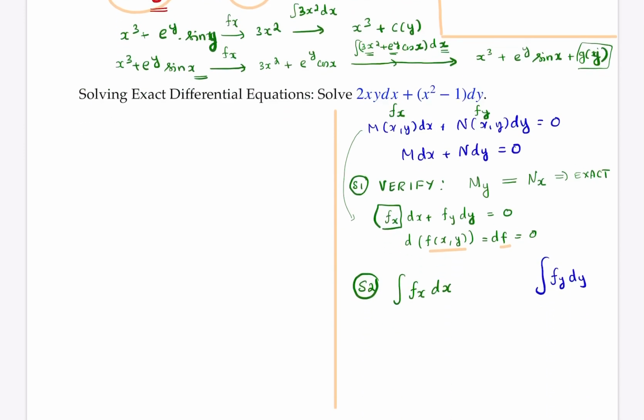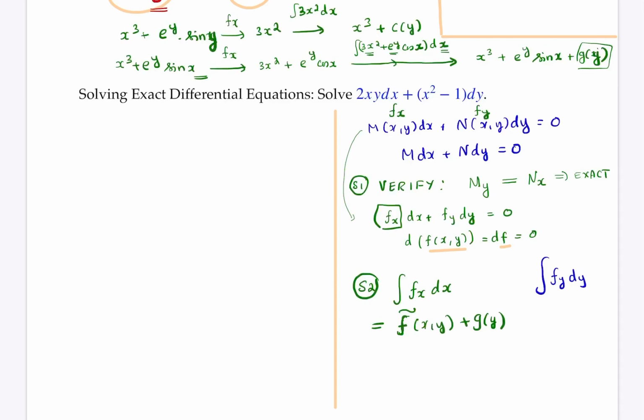So whatever we get, we're going to call this f tilde, or f bar is okay as well. Let's just go with the f tilde, it looks fancy. F tilde of x comma y plus a function of y. I'm going to call it g of y. I used g before, but here I'm going to call it g of y.